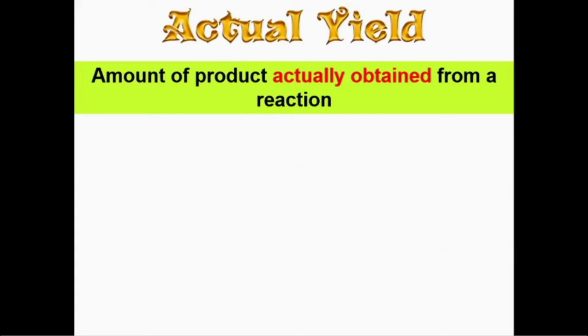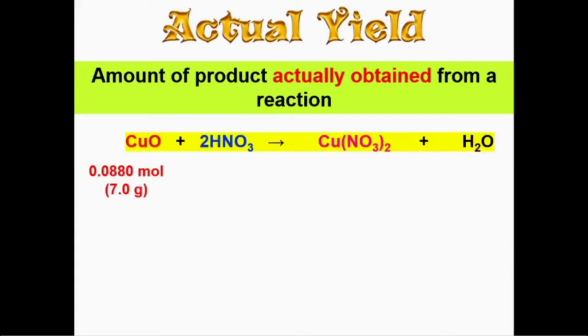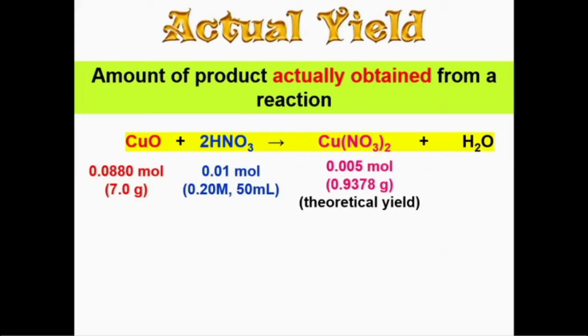For example, based on the theoretical yield just now, if we have 0.088 moles of copper 2 oxide and 0.01 mole of nitric acid, then the amount of copper nitrate that was produced in this reaction should be 0.005 moles or 0.9378 grams. The mass of copper 2 nitrate produced in this reaction is the theoretical yield.